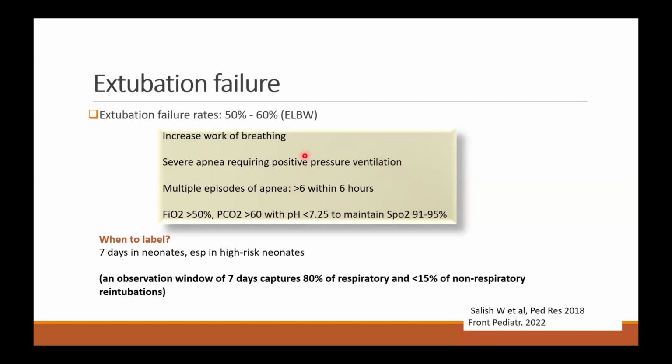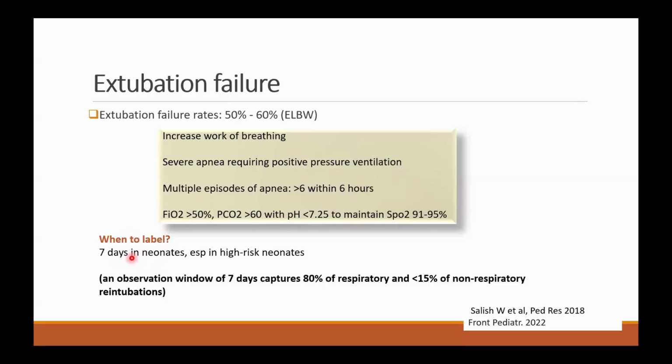Some of the studies have reported a more than 20 to 30% requirement increase as extubation failure. So when should one label it? The window can be 3 days, or 7 days in some studies.